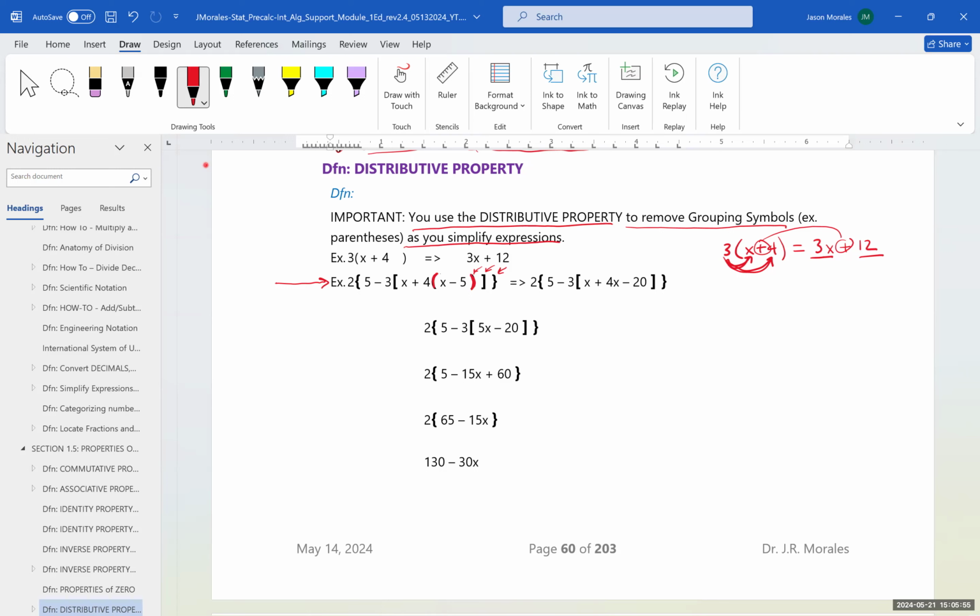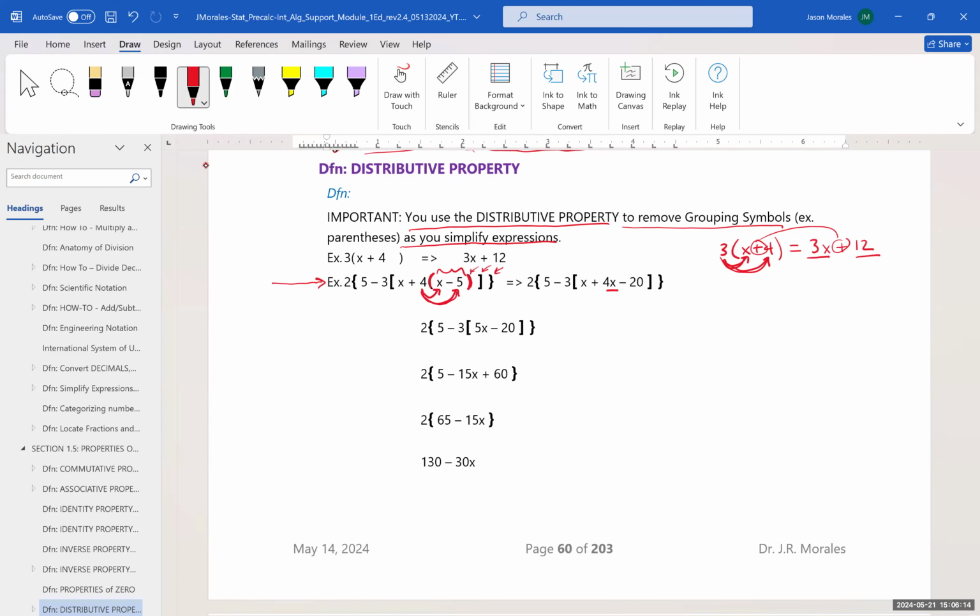Now, we cannot add these two terms together because they're not like terms. x and -5 are not like terms. So this is where we use the distributive property to multiply 4 times x to give us 4x, and 4 times -5 to give us -20.